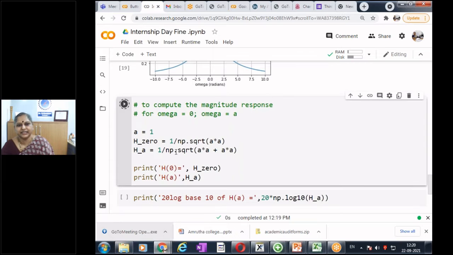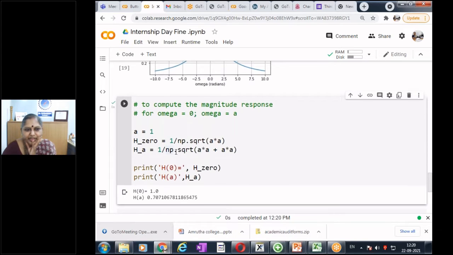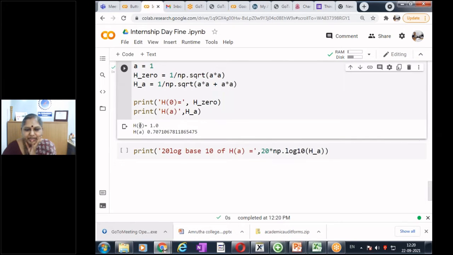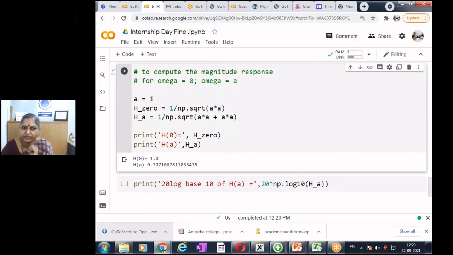Let us run this cell, and for a equal to 1, you are getting h of 0 is 1, h of a is this. So what has happened to the magnitude? It became 0.707 times the value at here. Put a equal to 2 and see what happens. We get 0.5 and 0.35. Just see if 0.5 into 0.707 is 0.35.